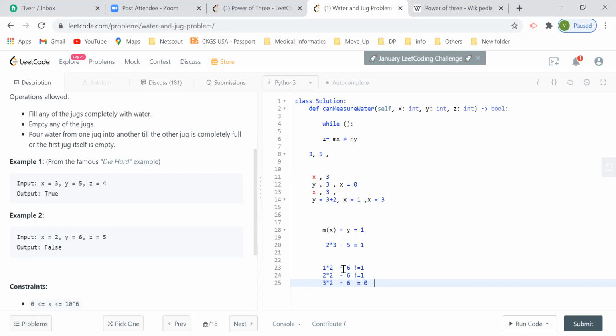We have to stop it here. Yeah. So basically 4 into 2 minus 6 becomes greater than 1. So this is a stopping condition. If it becomes greater than 0, then we need to stop. It will not be able to measure it. Right? Yeah.